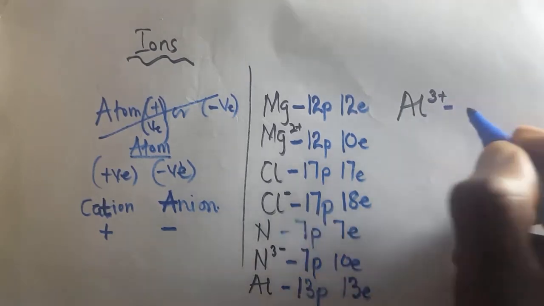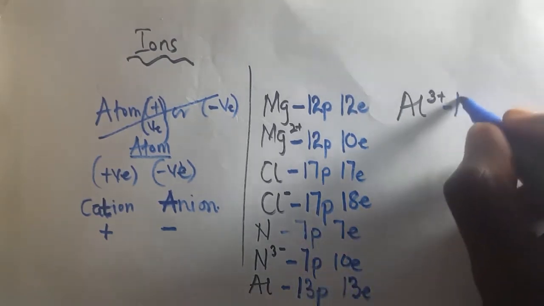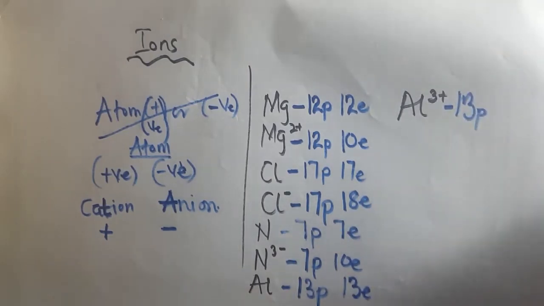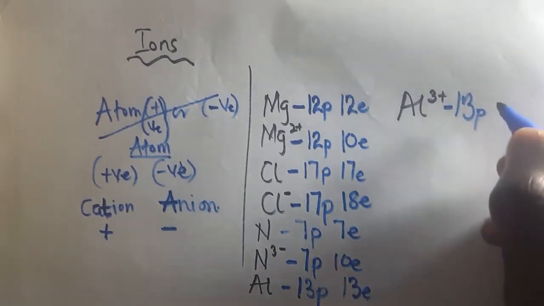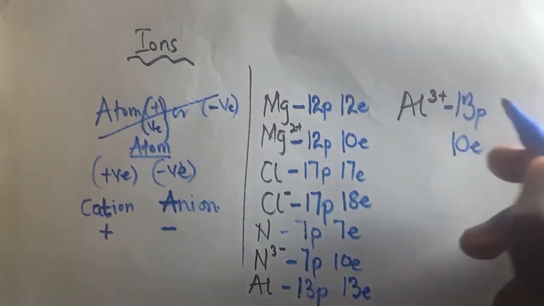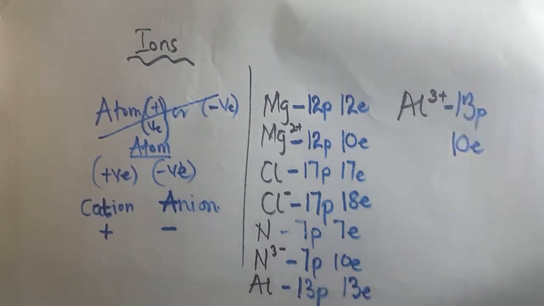But over here it's not the same. 13 protons, same. Then you have 10 electrons because it is losing 3 electrons. So that is that with the subatomic particles.